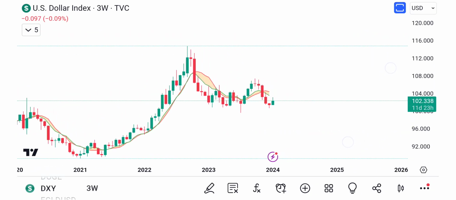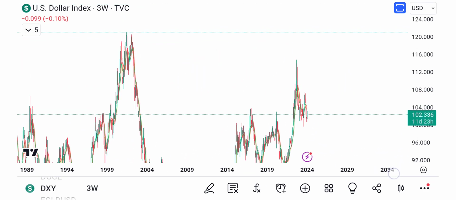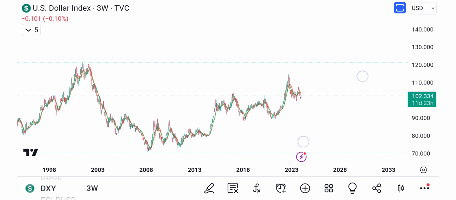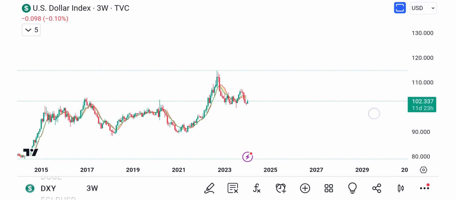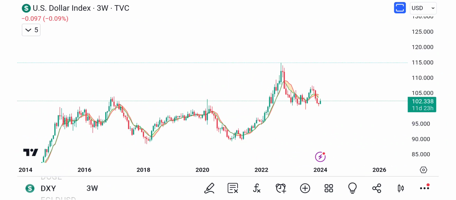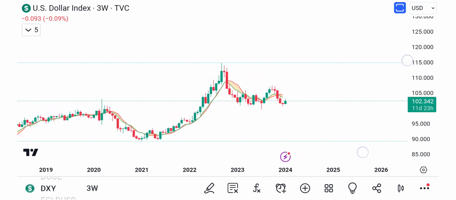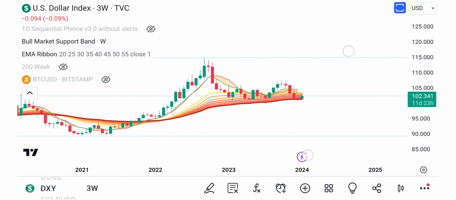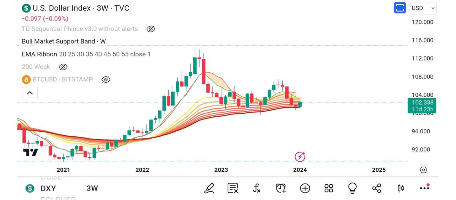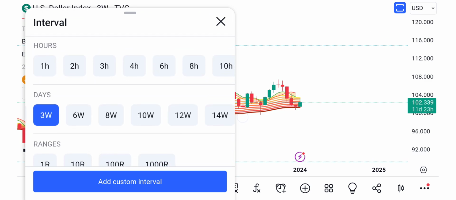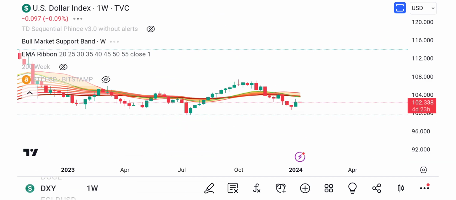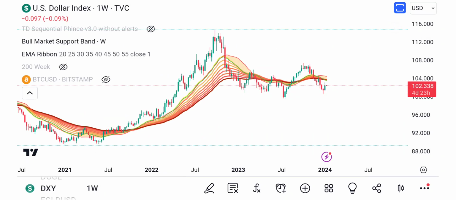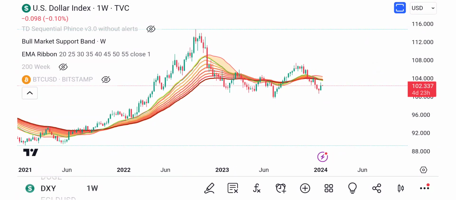It's a good question. It's very difficult to get a read on this chart because there's no real trend or anything you can lean on. It is the DXY, so like I said, it's relative to other fiat currencies. But looking at the EMA ribbon, it is bearish. Well, on the 3-week, it's bullish. But if I go down to the weekly, it is bearish. So pretty much EMA ribbon, we are below it, right?